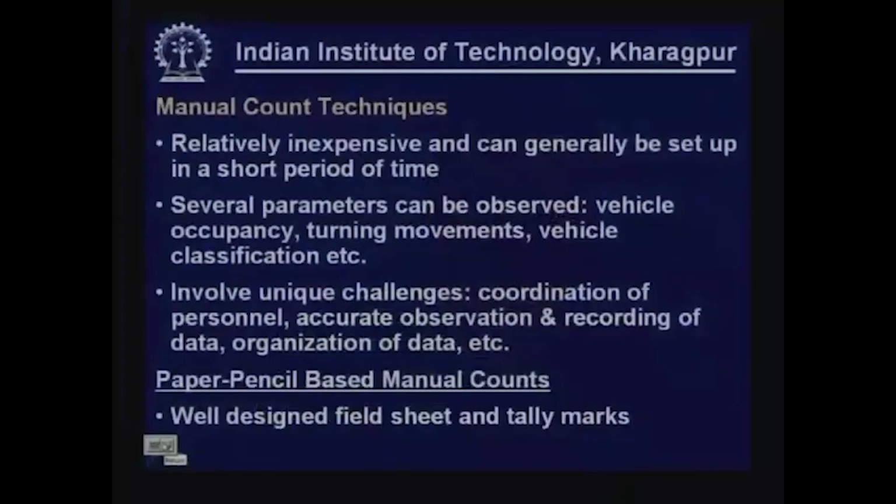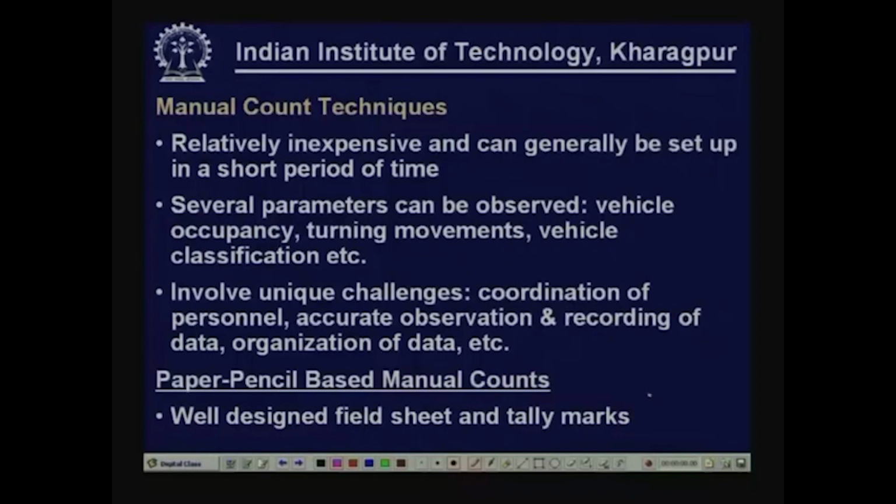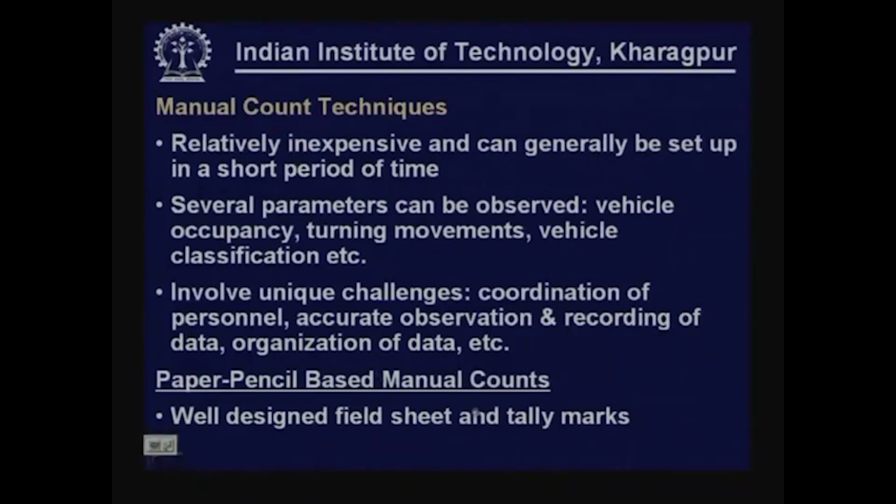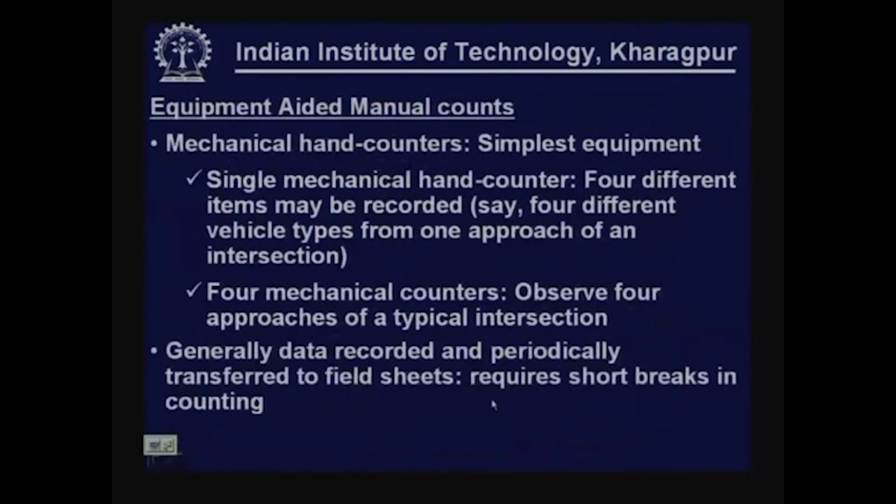They will simply put tally marks. Normally, we put tally marks like 1, 2, 3, 4 and then 5, and then again 1, 2, 3. That means now 8 vehicles have been counted. So, well designed field sheets and tally marks are used. This is paper and pencil based manual counting.